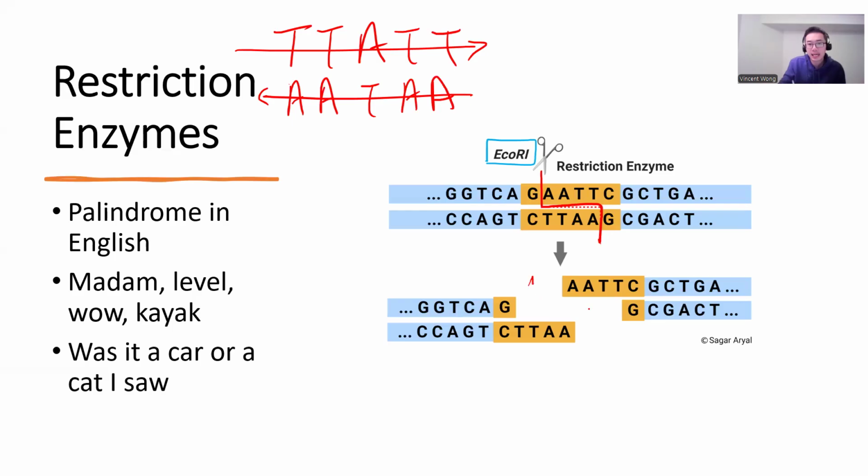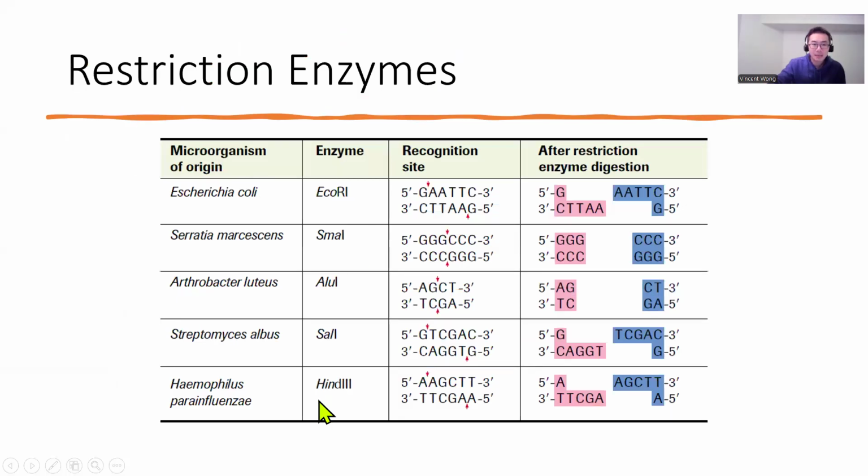Okay? And then it's gonna cut it. It's gonna cut it like that, right? So each restriction enzyme will have its own recognition site. Okay? EcoRI is always going to recognize GAATTC and is going to cut it zigzag like this. Okay, there's another one called SmaI, which is taken from this bacteria.